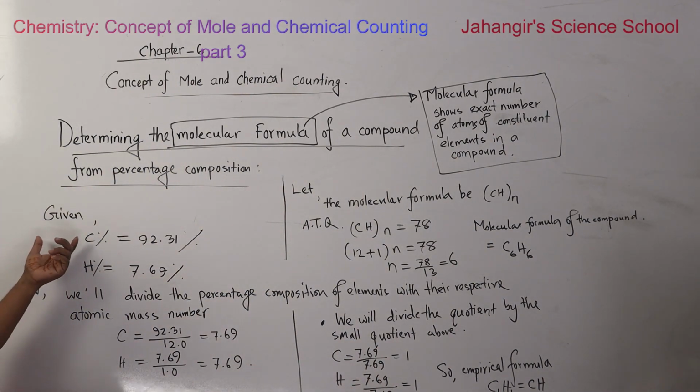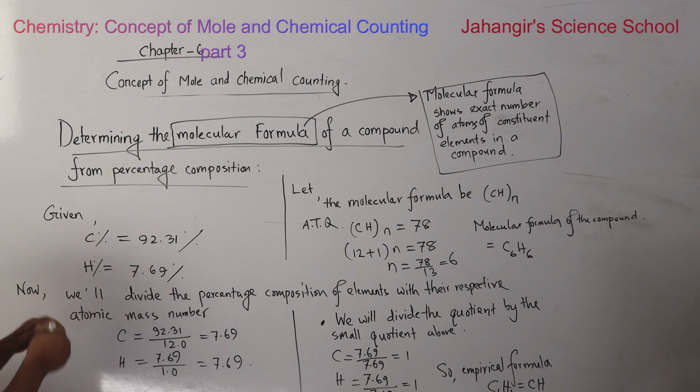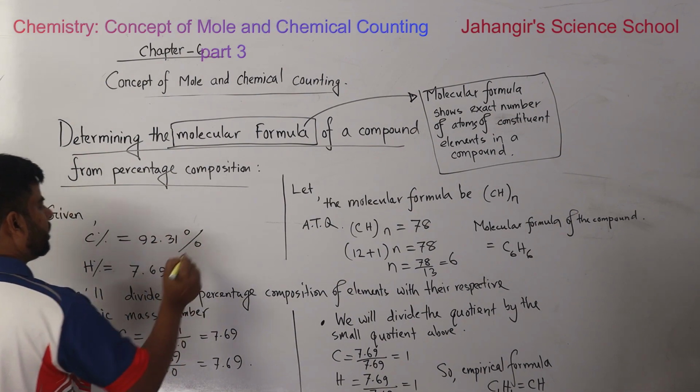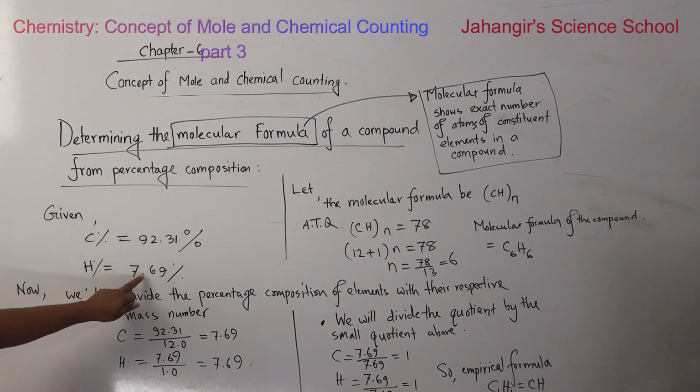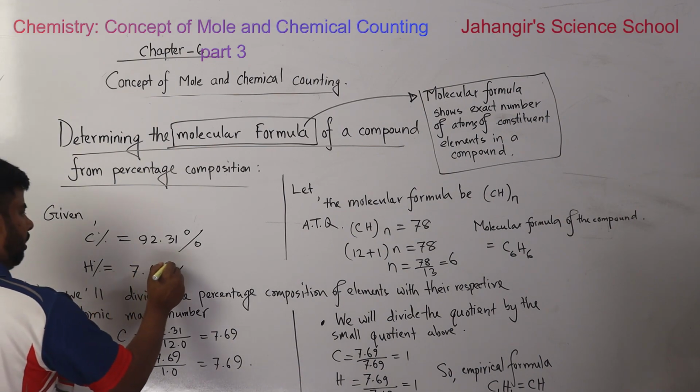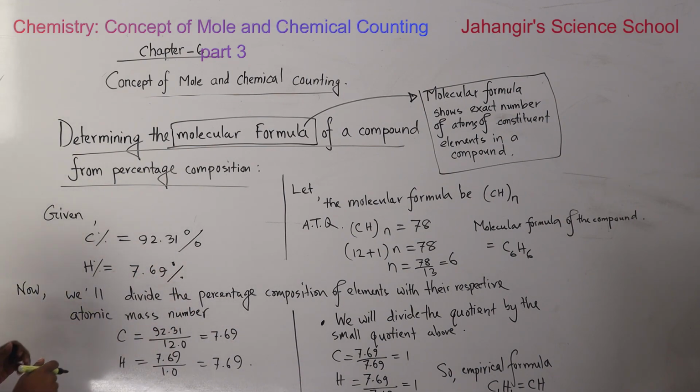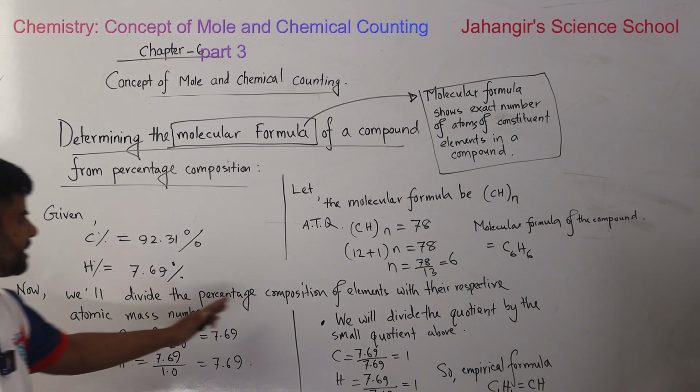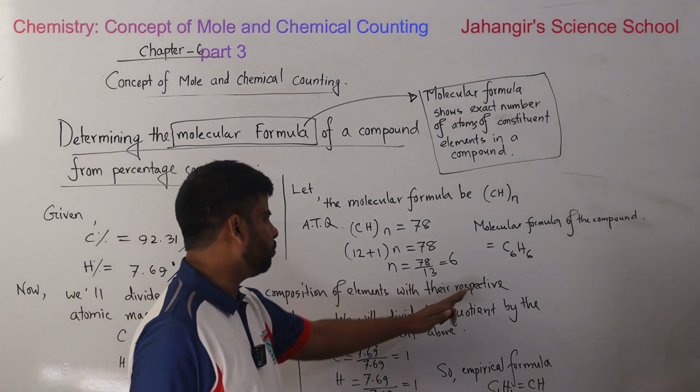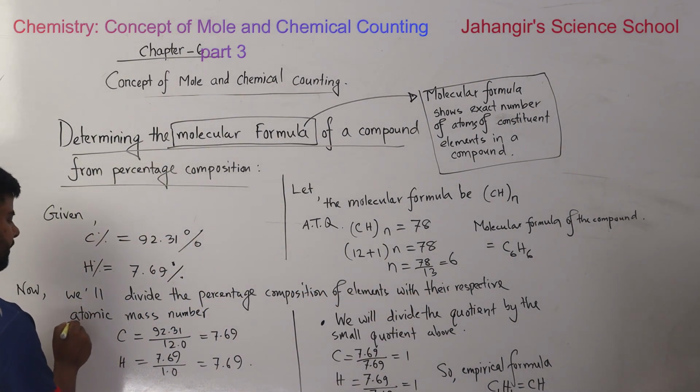Look at the example given. The percentage composition of carbon is 92.31% and hydrogen 7.69%. First, we have to divide the percentage composition of each element by its atomic mass.